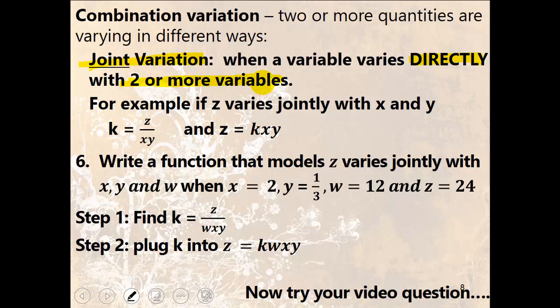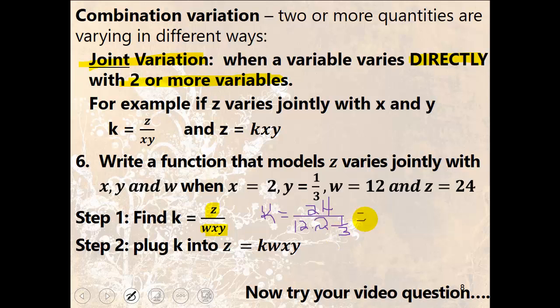So if we wanted to write a function that varies jointly, the way to figure out k is: whatever variable is before the word varies, that's going to go on top. And then everything that varies jointly with it is going to go on the bottom. That's going to give us our k. So let's figure that out. We get k is equal to z, which is 24, over the product of 12 times 2 times a third.